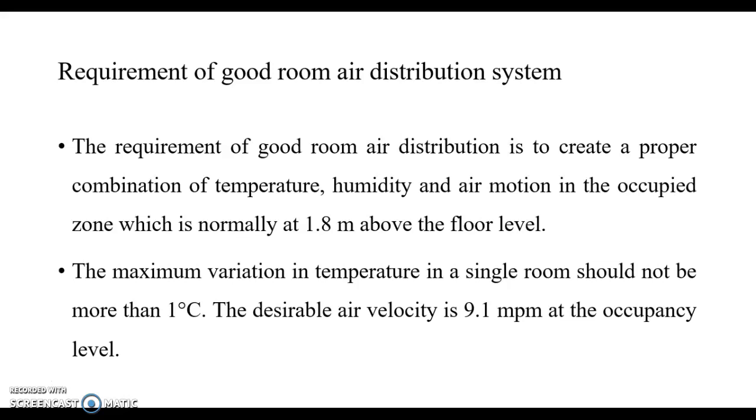The next requirement is that the temperature variation in a single room shouldn't be more than 1 degree Celsius. The desirable air velocity is 9.1 meter per minute at the occupancy level.